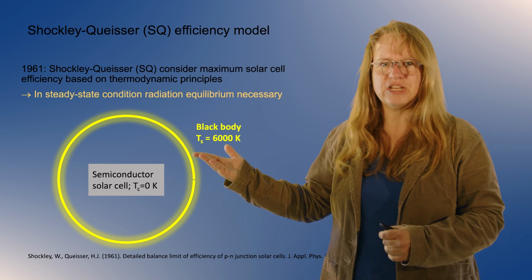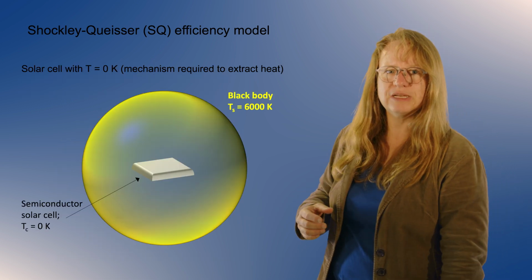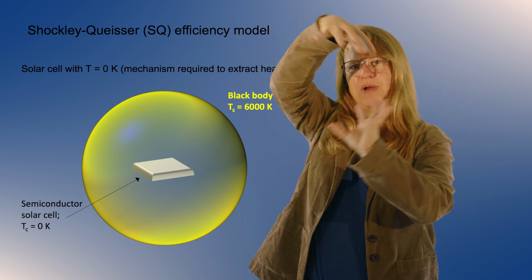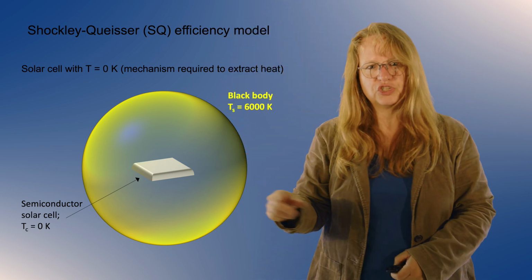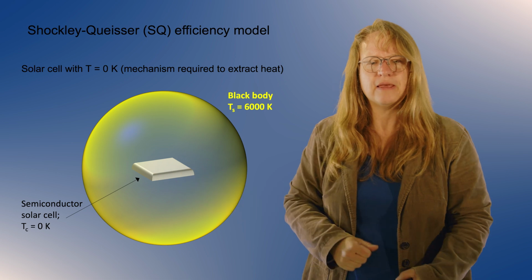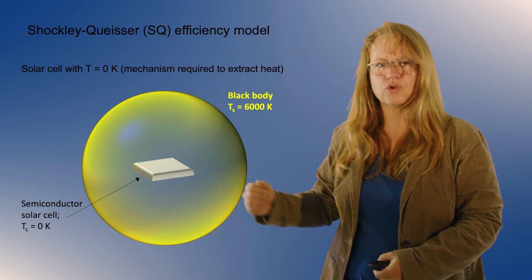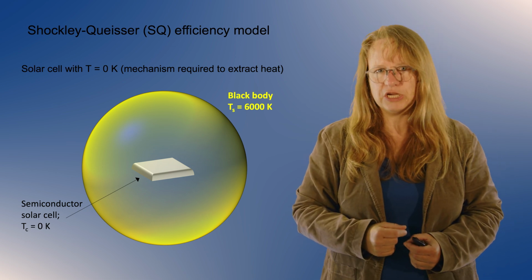And this actually I drew it as a circle here. I tried to show it a bit differently. You have to imagine it like a sphere. So the sphere, the black body sphere, is completely surrounding the solar cell shown here that is at 0 Kelvin. So we have a material that is completely surrounded by black body radiation.